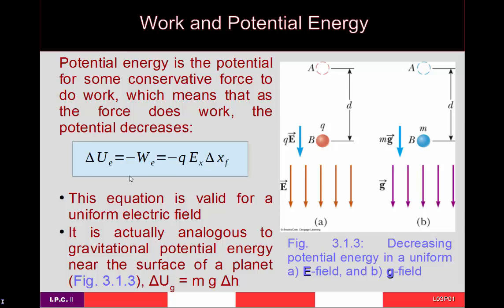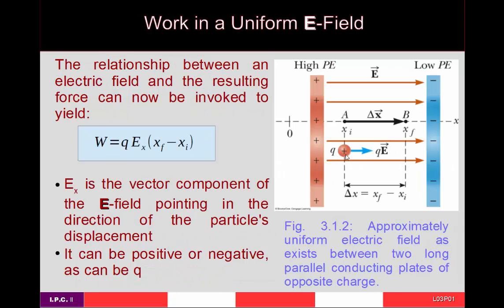So let's flip up one slide here and look again. If I allow this particle to move from point A to point B, the electric field does some amount of work on the particle, and this is actually a positive amount of work done. In doing this positive amount of work, we reduce the amount of potential energy that this particle has, and conversely, we increase the amount of kinetic energy that this particle has.